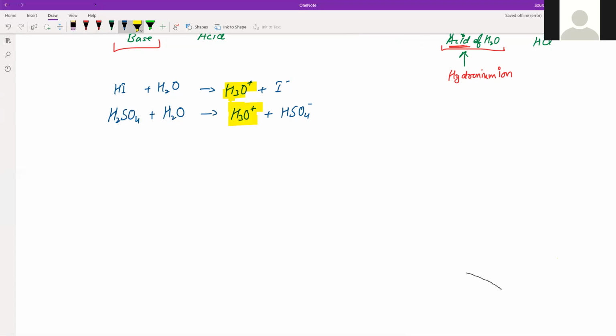Even this HSO4 negative donates one more H in its aqueous solution to give again one H3O plus plus SO4. Now see what will happen. SO4 is already a -1, so when it loses one more proton, it will be SO4 2 minus.